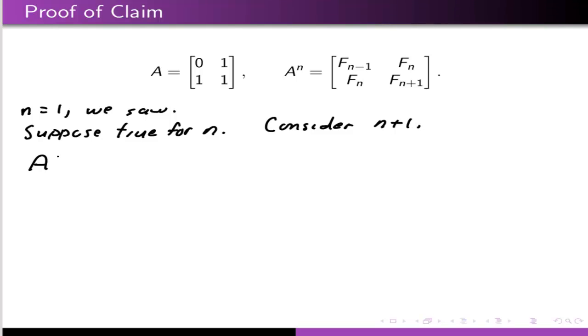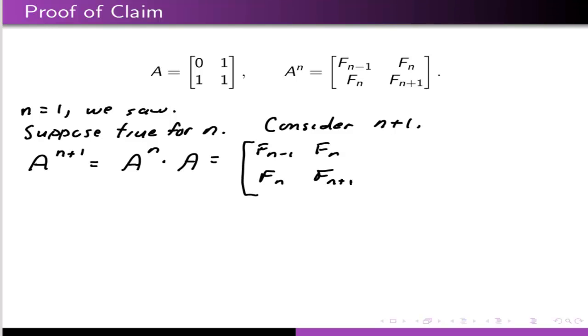I look at A to the n plus 1 power being A to the n times A. I'm given that A to the n is this matrix, and then I multiply it by the generating matrix A. And what do we get?